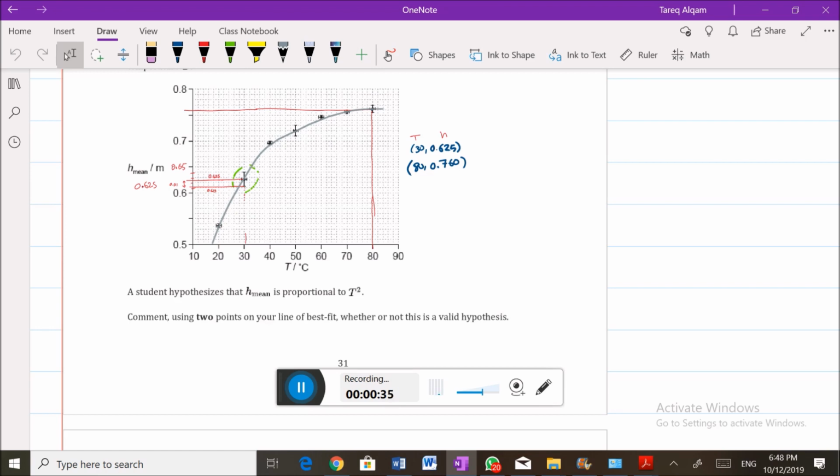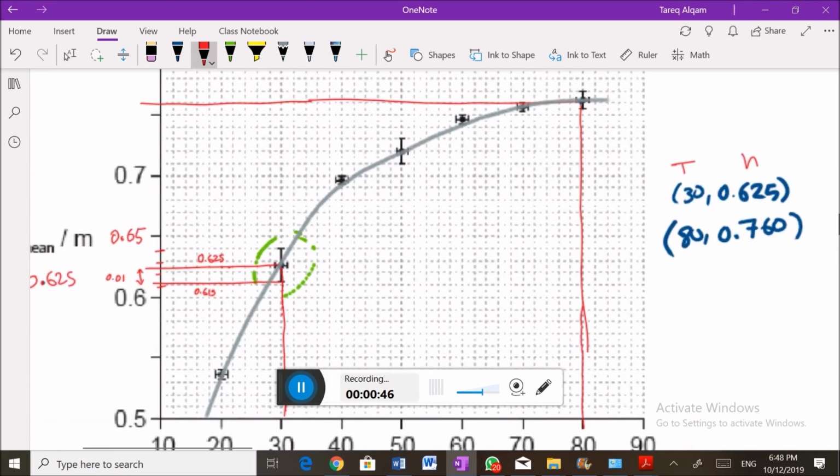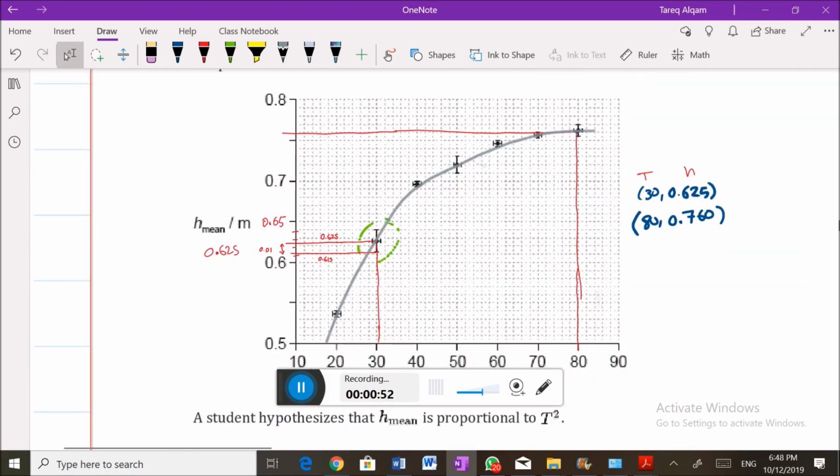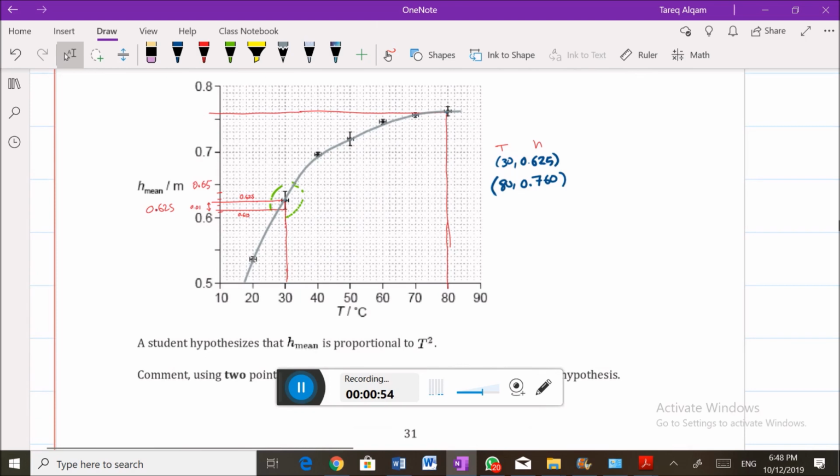So I have to select two sets of data, this one and this one. These sets of data lie on the best fit. So be careful. You have to draw first of all a best fit, then select 2 points that lie on the best fit, like what I did here.